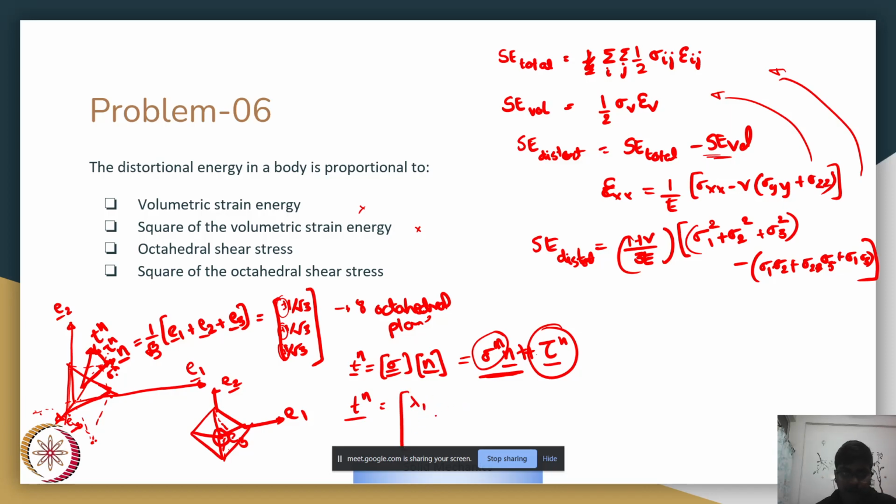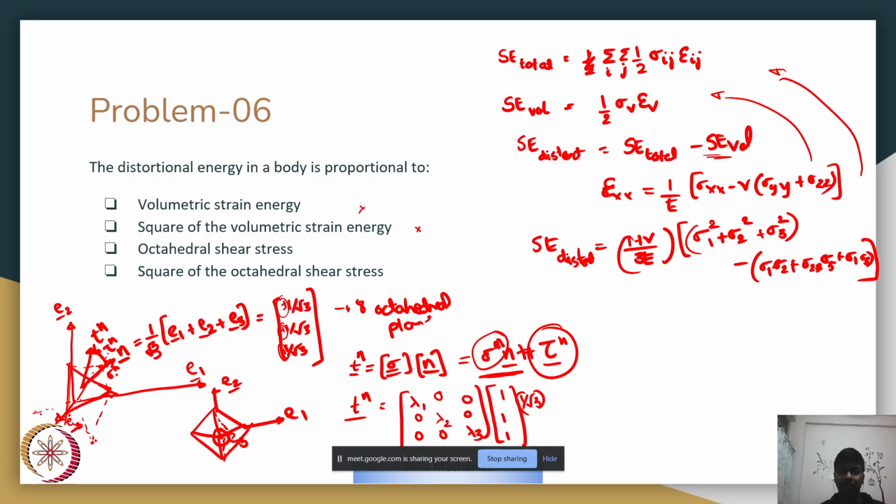I'm doing this for the case where E1, E2, E3 are principal axes, but what you'll find once we go through the result is that it doesn't matter what axes you take, because your normal and shear stress values come out essentially as a function of the stress invariants.